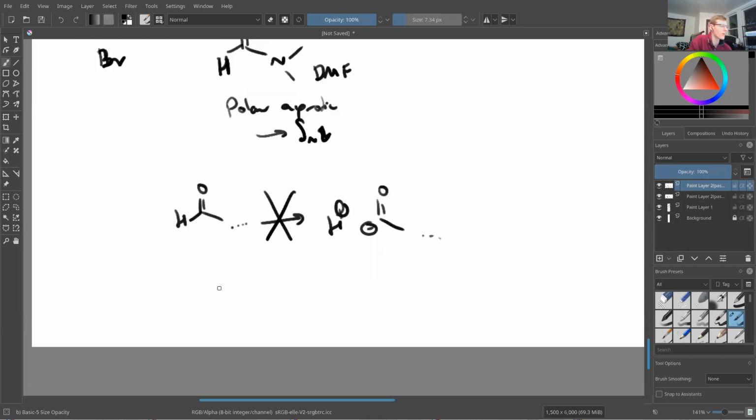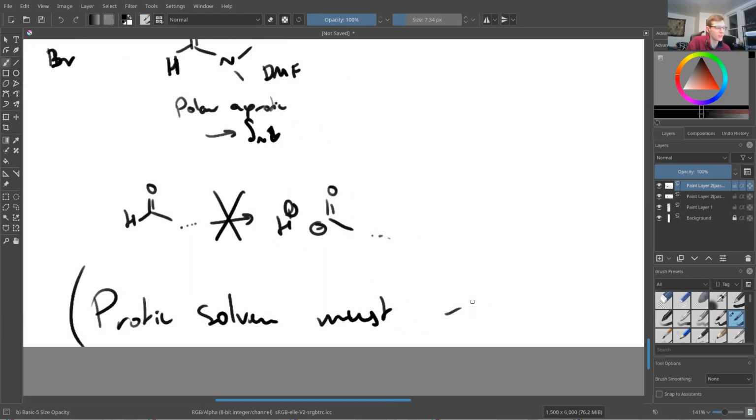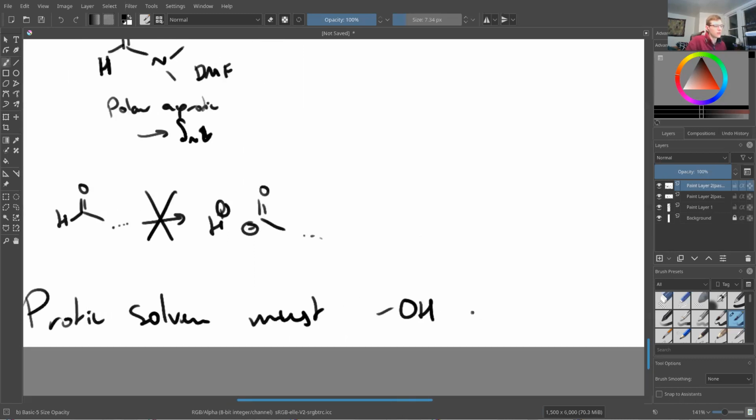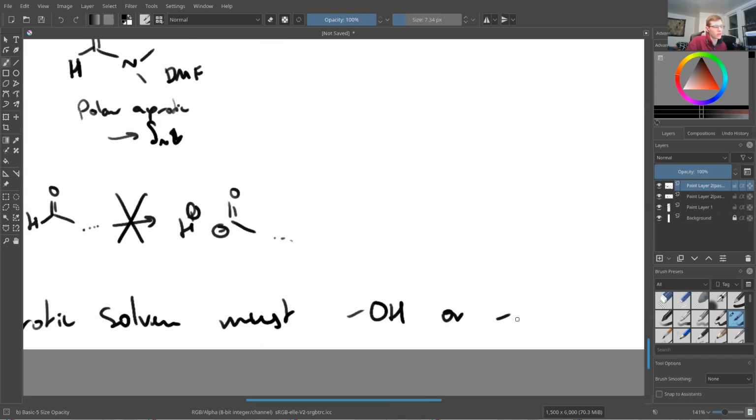The easy way to remember: a protic solvent has to have either an OH or an NH. If it doesn't have either of those, then it's aprotic.